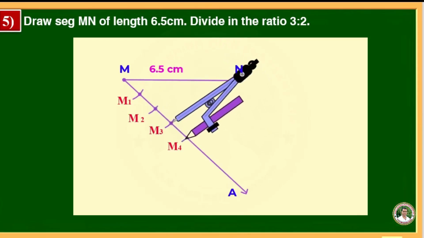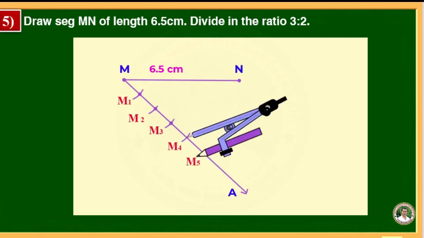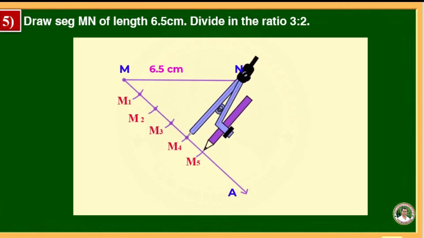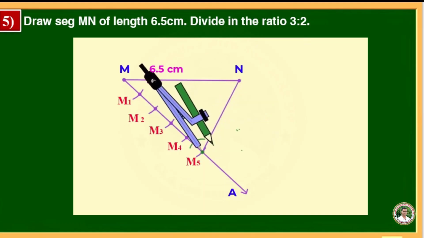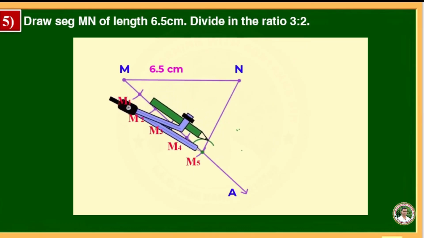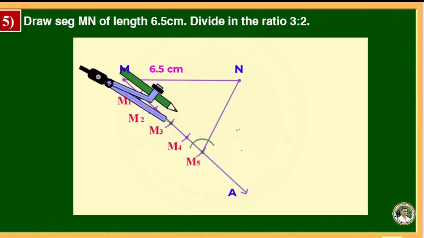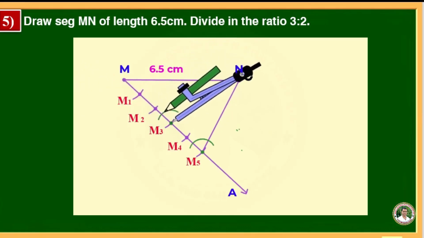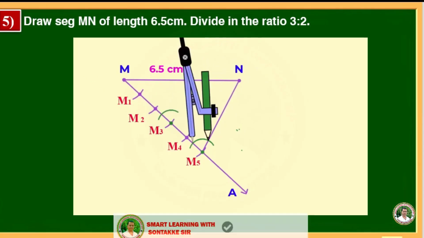Name them M1, M2, M3, M4 and M5, which is shown in the figure. Then join N and M5. Draw a parallel segment to segment M5N from M3. The parallel line drawn from M3 will intersect segment MN. Name the point as O.